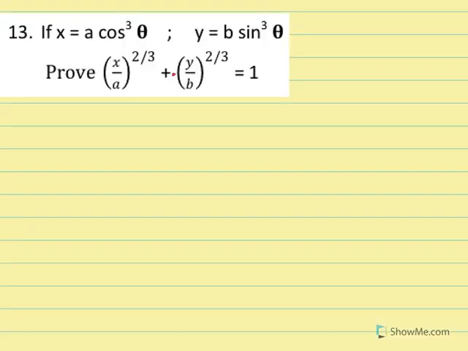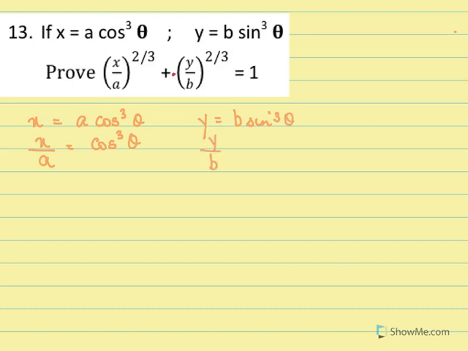If x equal to a cos cube theta and y equal to b sine cube theta, prove the following. So x equal to a cos cube theta, therefore x over a equal to cos cube theta, and here we will write y equal to b sine cube theta.